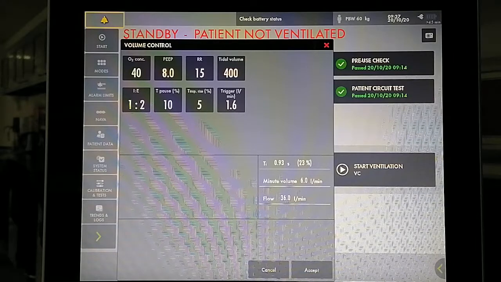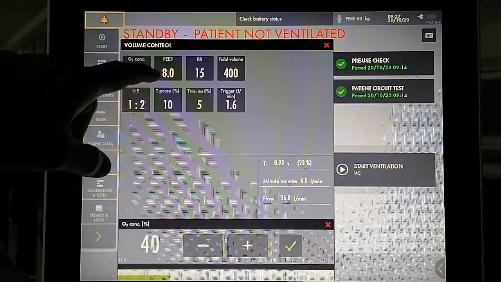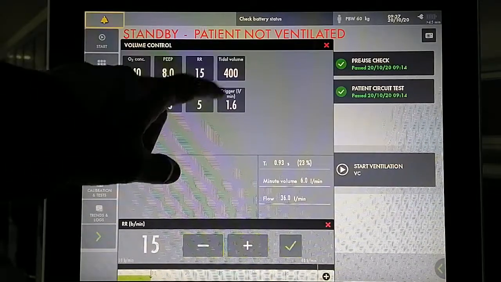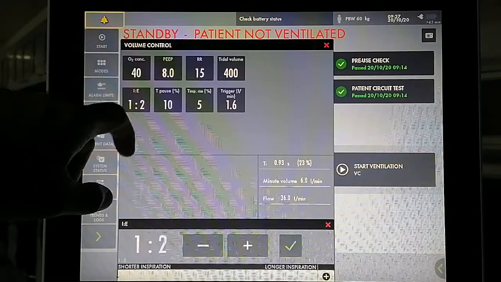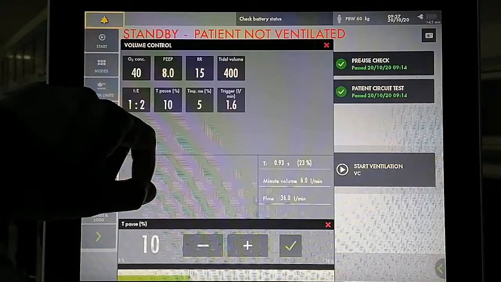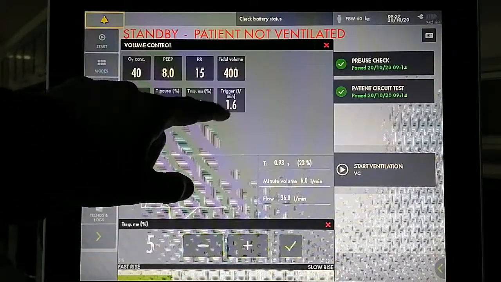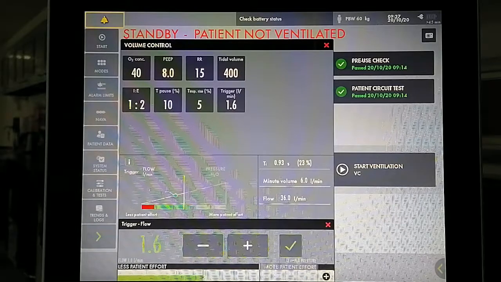In volume control, we have the following: the FiO2 concentration, the PEEP, the RR, the tidal volume, IE ratio, pause, inspiratory rise, and trigger, or the sensitivity level.